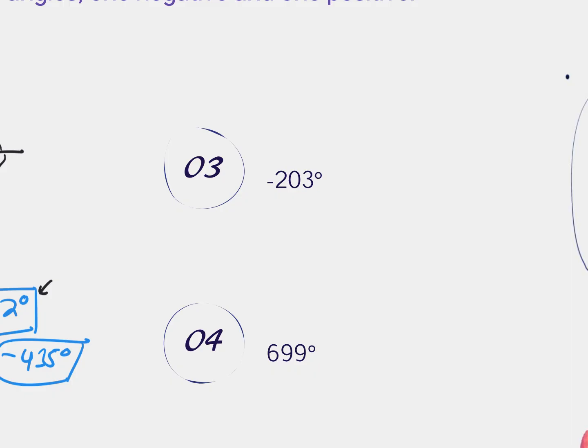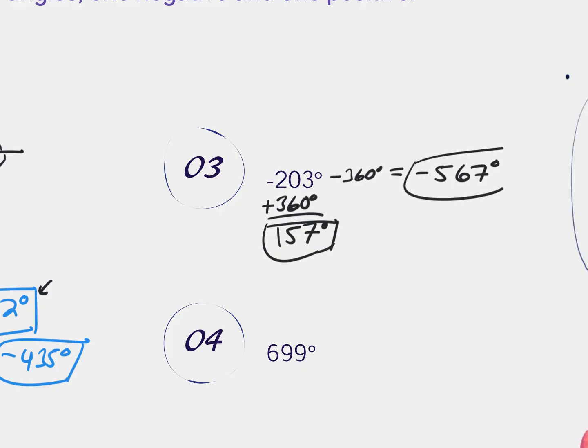I have negative 203. Again, to find a positive, I can add 360 degrees, and doing that gets us 157 degrees. Then to find a negative coterminal angle, I'm just going to subtract 360 degrees, and that's going to get us negative 563.